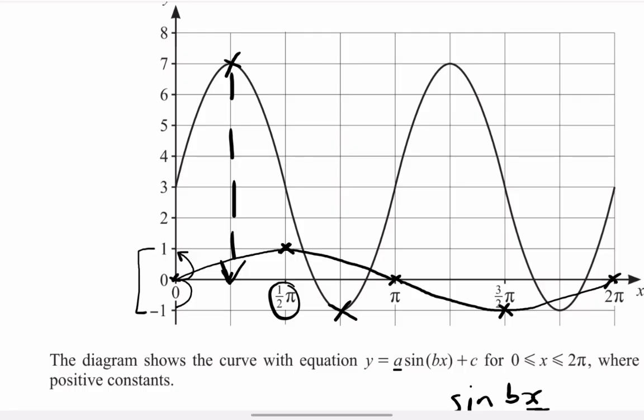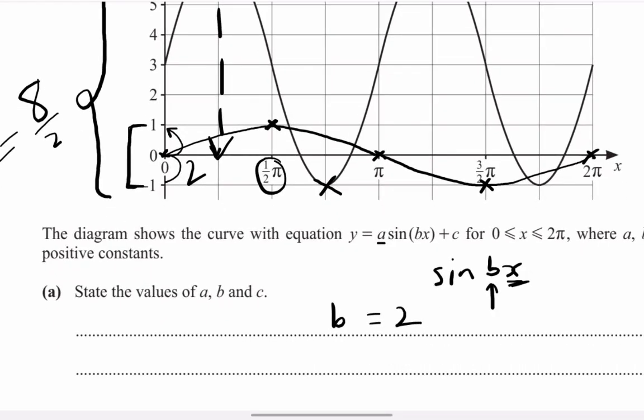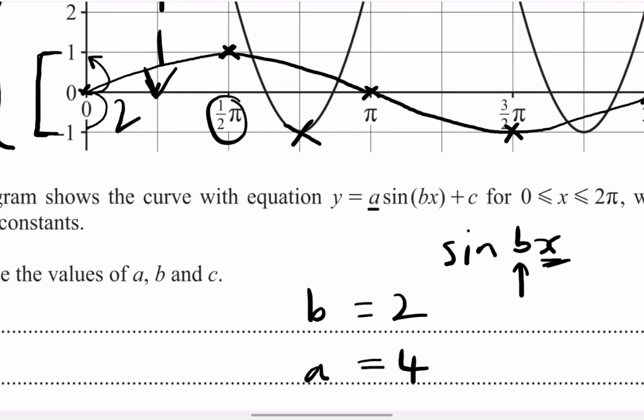But if you look at this graph that we have now, it's going from -1 through to 7, and that gives us 8 units, from having 2 originally, right? And so we're just going to divide this 8 by this 2 to get a stretch of factor 4 in the y-axis, which again tells us that our a is equal to 4.